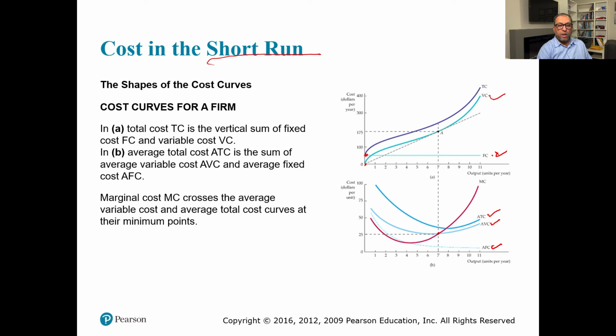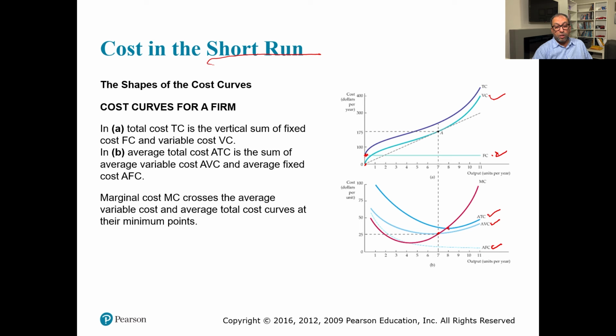If that's the case, we can say that average total cost and average variable cost are at their minimum when they are equal to marginal cost, right? They are minimum because they are crossing at this point.